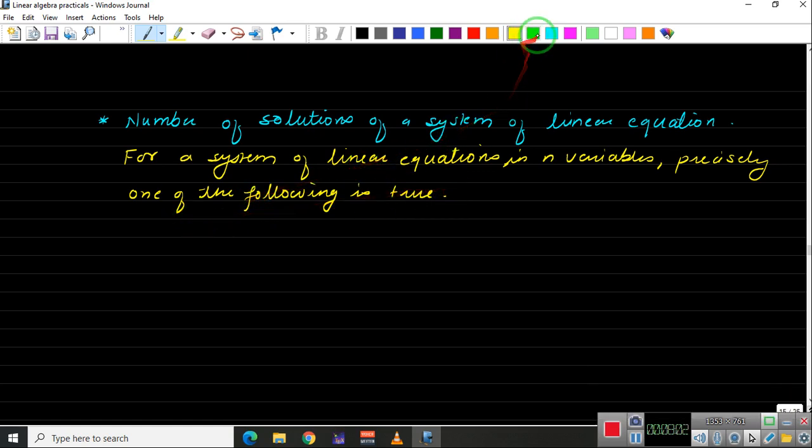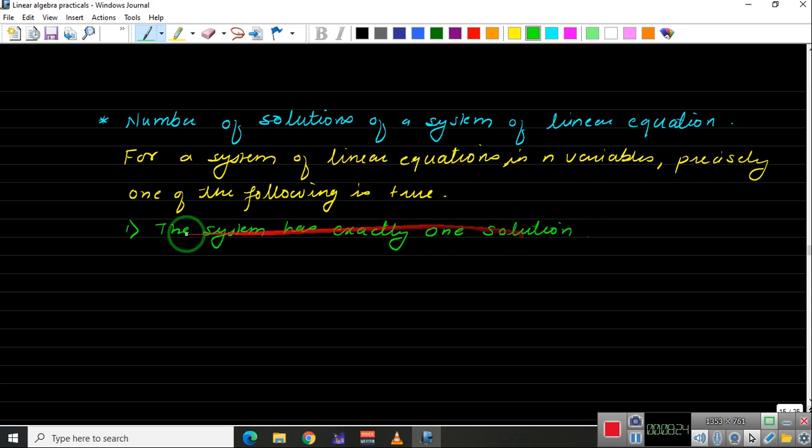First, the system has exactly one solution, that is a unique solution, and if it has one solution, it is consistent.